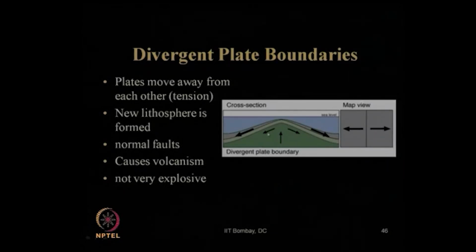Why? Because in this case two plates are not colliding with each other, they are moving away from each other. That is the reason it does not create much of a collision sound between the two plates, as when they actually strike each other. Instead, they are moving away from each other. So, obviously, they are not creating any explosive sound in this divergent plate boundary movement.